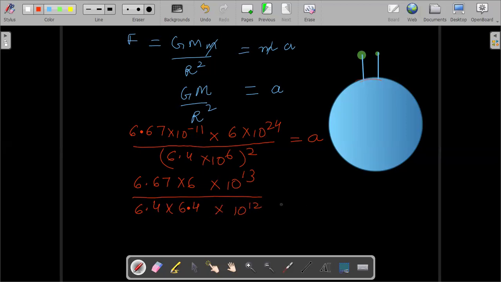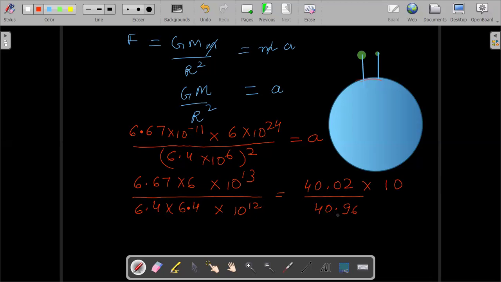So just multiply them. If I multiply them, 6.67 multiplied with 6, I'm getting 40.02 multiplied with 10 to the power 13 minus 12, which will just be 10, divided by the square of 6.4. So 6.4 multiplied by 6.4 is 40.96.